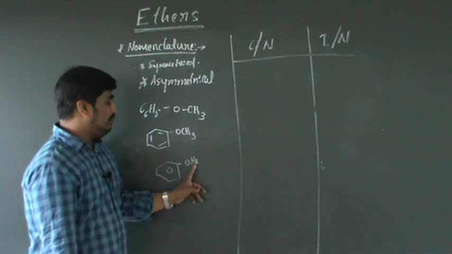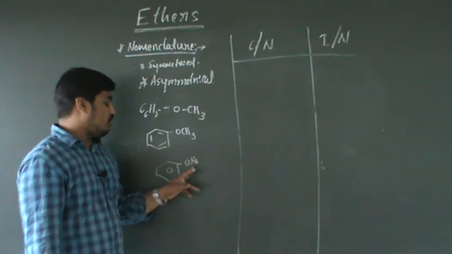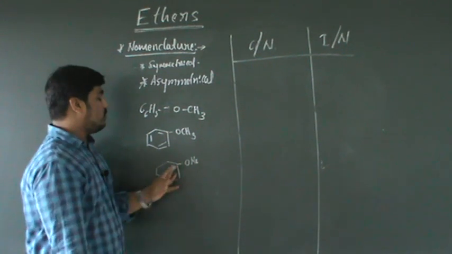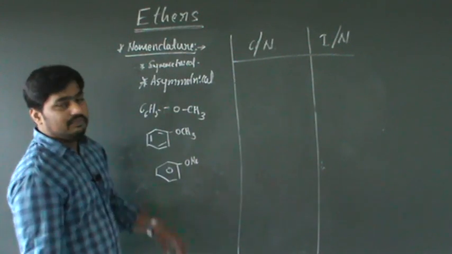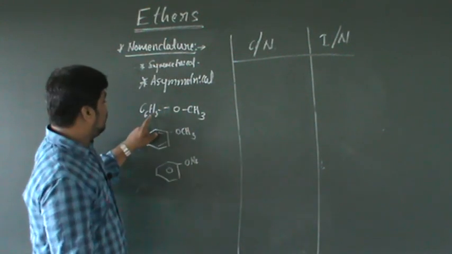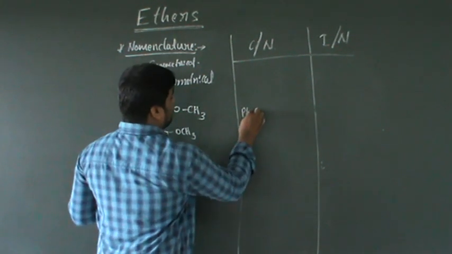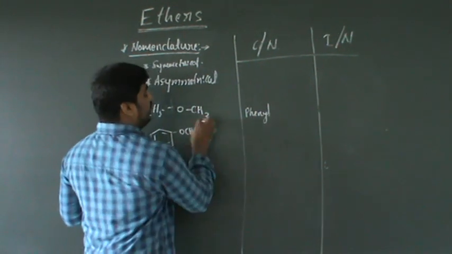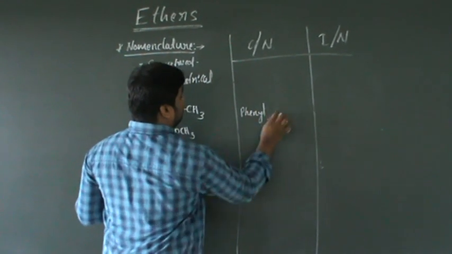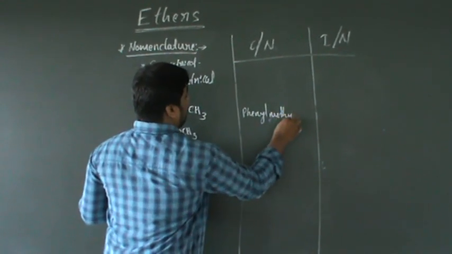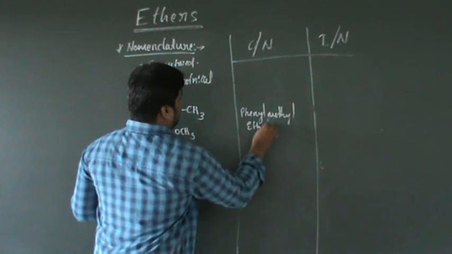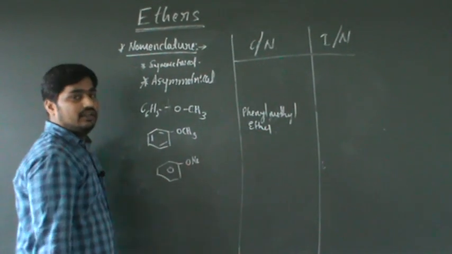Me means methyl. This one is methoxybenzene. What is the common name of the compound? It contains a phenyl group, so it is phenyl methyl ether.